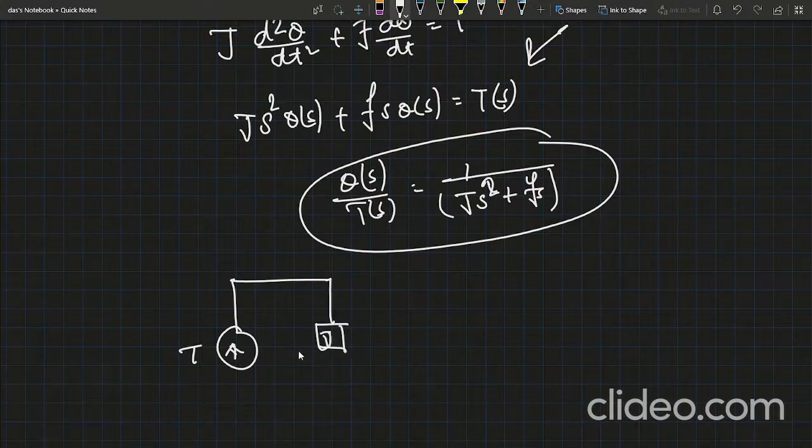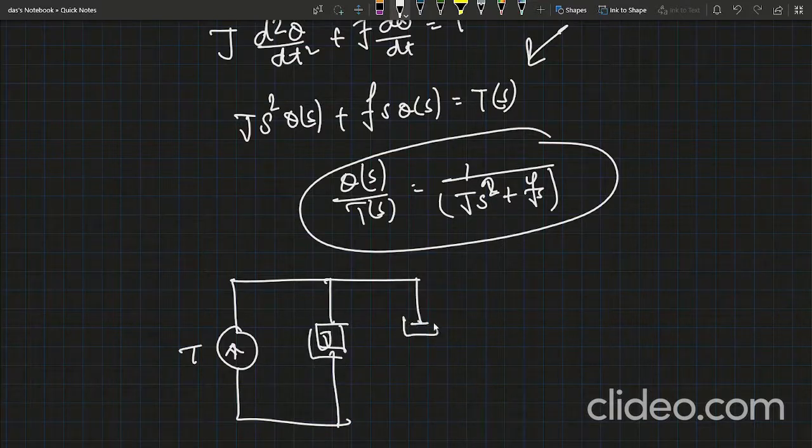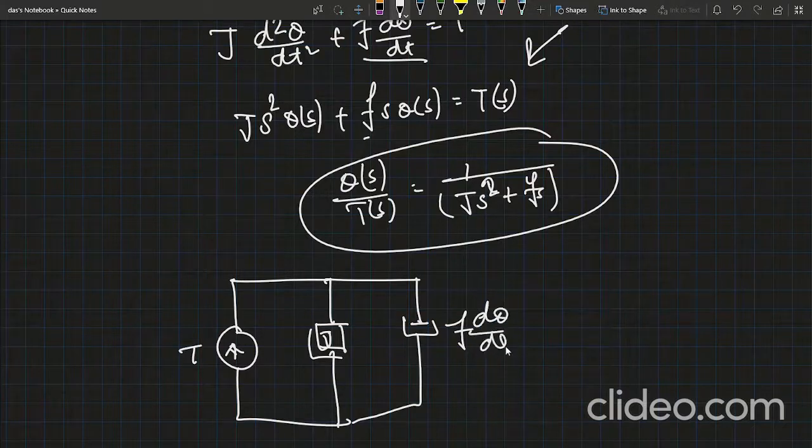This is J, and here the damper is f, because this is basically d theta by dt, and this is J, the inertia of the system. So these are equivalent. In a later video we'll discuss the concept thoroughly and the mathematical problems related to this mechanical system, because it compares with the electrical system and vice versa also.